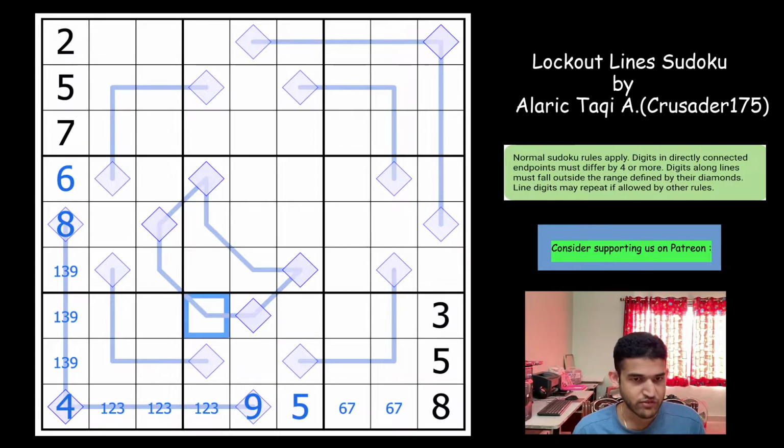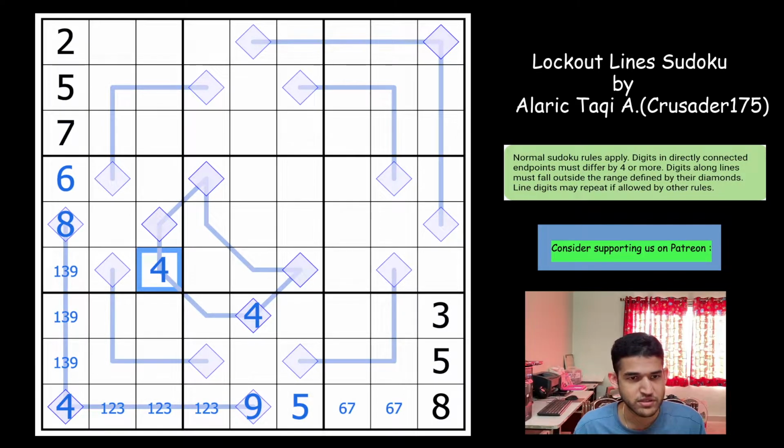So let's say you have a 4 in this diamond. Can you have a 4, for example, here? It is not clear from the rules, but generally lockout lines rules are such that digits on the endpoints themselves and digits between those endpoints can never be on the line. So this is what the rule of lockout lines is.